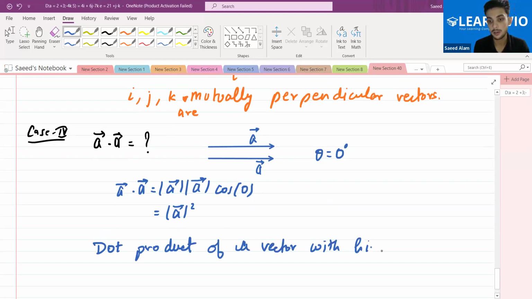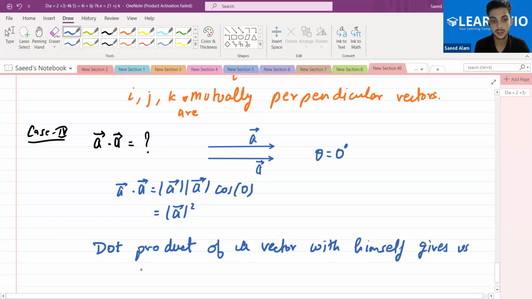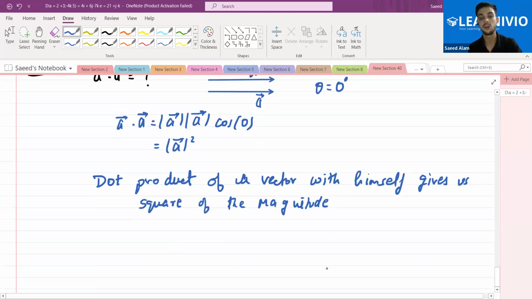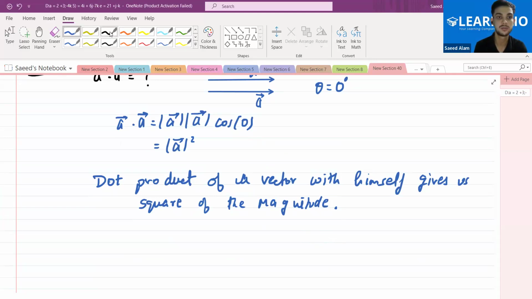This is how we are getting the square of the magnitude. That means if we dot the vector with itself and take the square root of it, we'll end up with the magnitude of the vector. Understood?